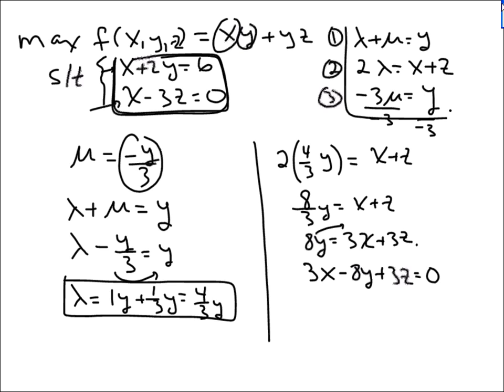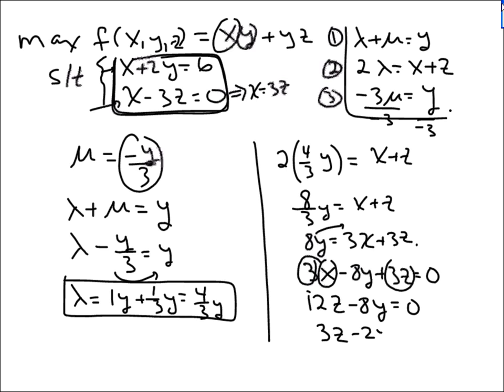But we know from this constraint that x is 3z. So 3 times 3z is 9z, plus 3 more z is 12z. We know that 12z minus 8y is 0. Dividing by 4 to make the numbers more friendly, we get this, which is good, because it's one equation in 2 variables.